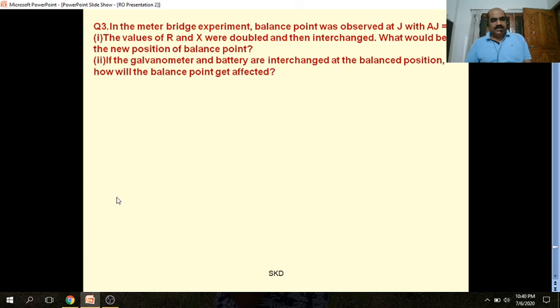If the galvanometer and battery are interchanged at the balanced position, how will the balance point get affected? I am repeating again, there are two things asked. The values of R and X are doubled and then interchanged. In that situation, what would be the new position of the balance point? If the galvanometer and battery are interchanged at the balanced position, how will the balance point get affected?